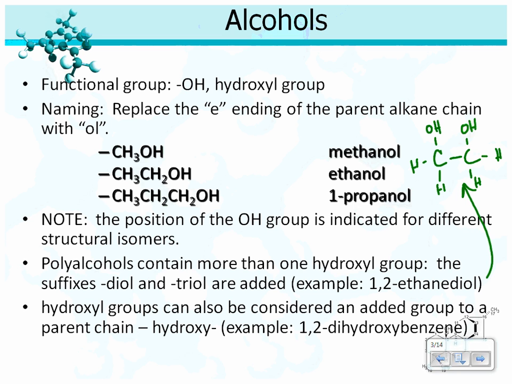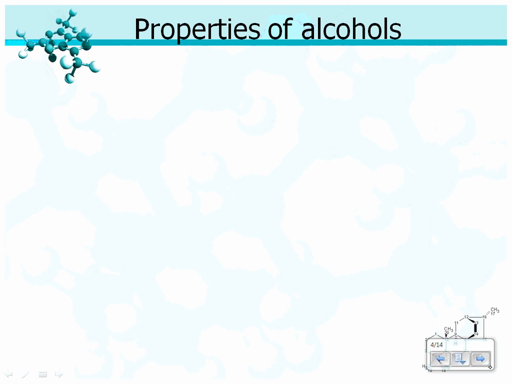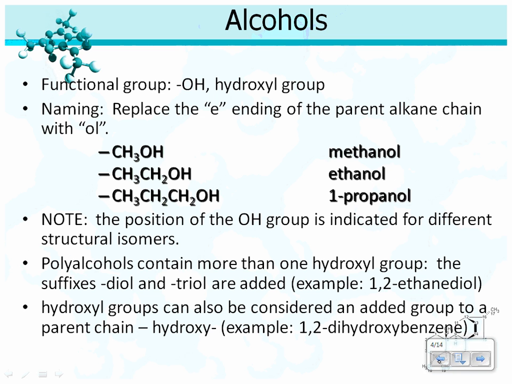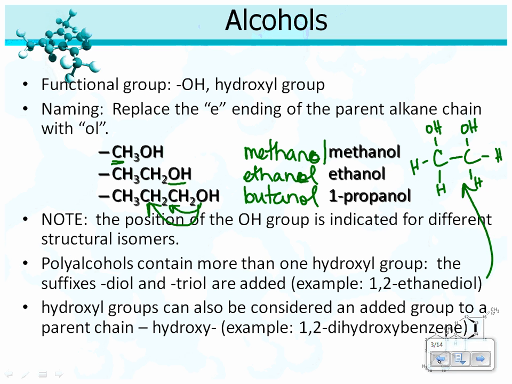Hydroxyl groups can also be considered as an added group or a branch to a parent chain. If that's the case, we call it hydroxy. So for example, 1,2-dihydroxybenzene. If I draw that one, here's your benzene ring, and I've got an OH here and an OH here.